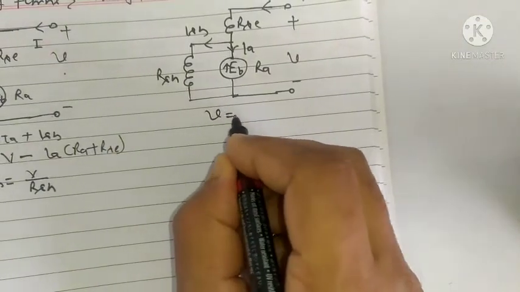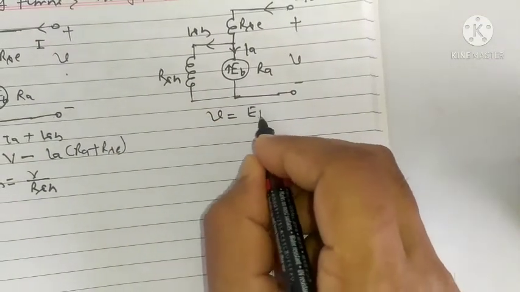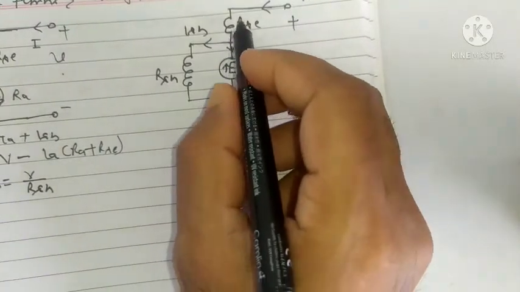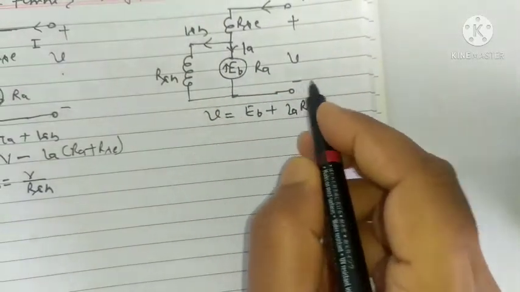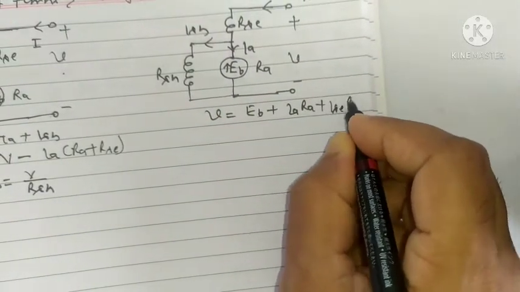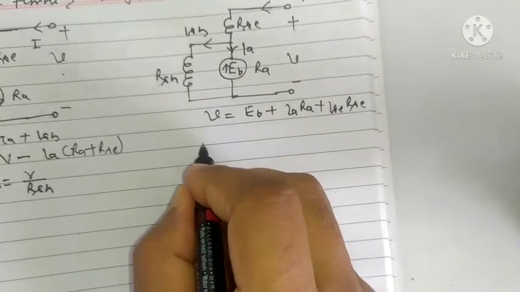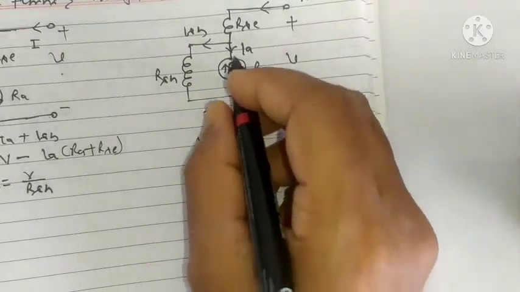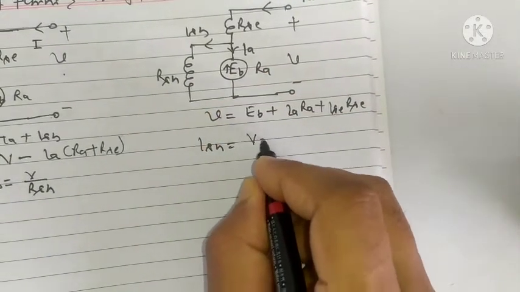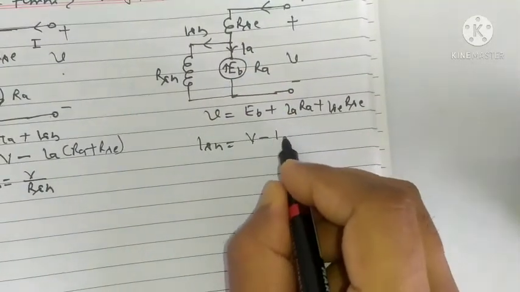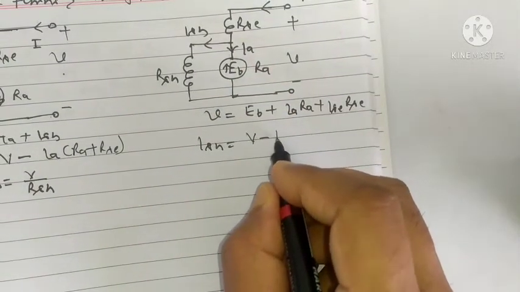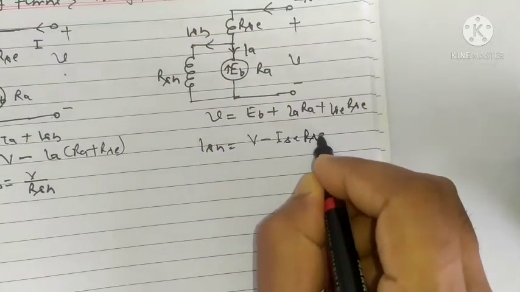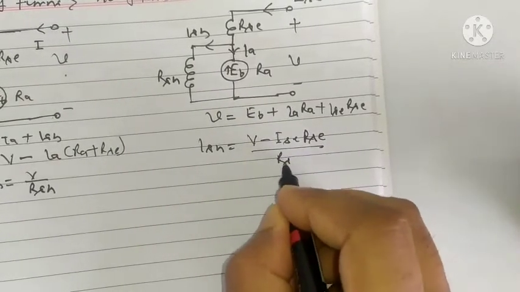Here again, supply voltage V will be EB plus IARA plus ISC RSC, if I follow this loop. And ISH, current in this, is voltage across it. What is it? It is V minus I into RSC, or ISC into RSC, divided by RSH.